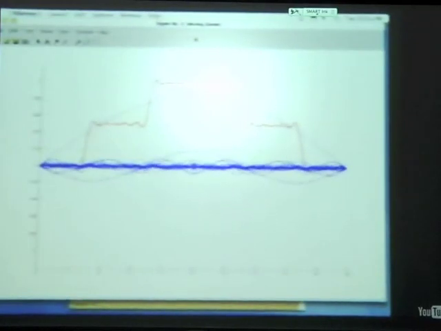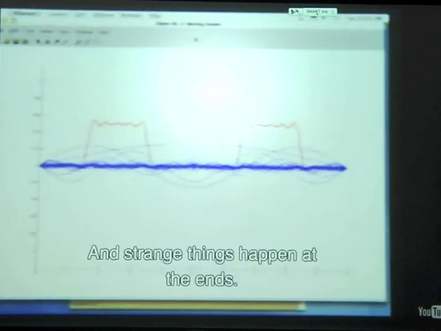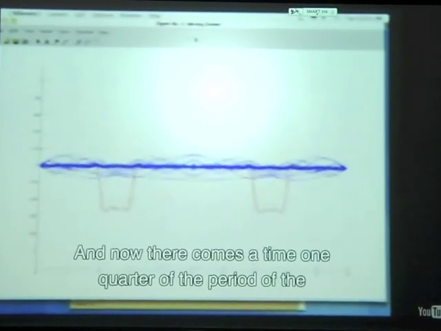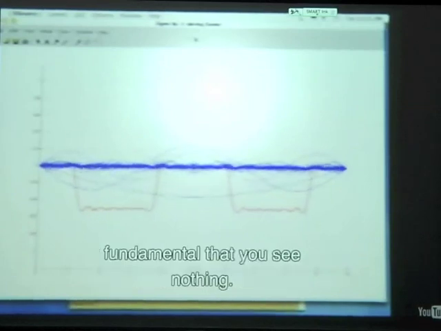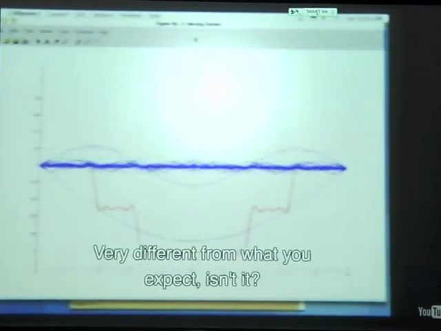And again, two pulses are each going their own direction with half the amplitude. They're being reflected, and strange things happen at the ends. And now there comes a time, 1/4 of a period of the fundamental, that you see nothing. And now they're coming back from the reflection. Very different from what you expect, isn't it?